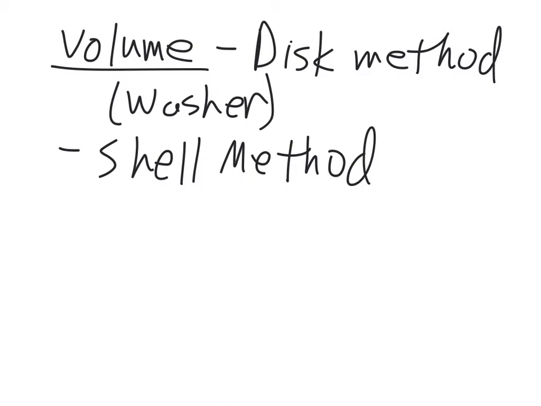So I don't expect all of you to do the same technique on each one of these problems, but that'll be personal preference. But yeah, probably one type of problem would be geared more towards the disk method being easier. One may be geared more towards the shell method being easier. But I think pretty much all of these, both methods could be used to get the correct answer.